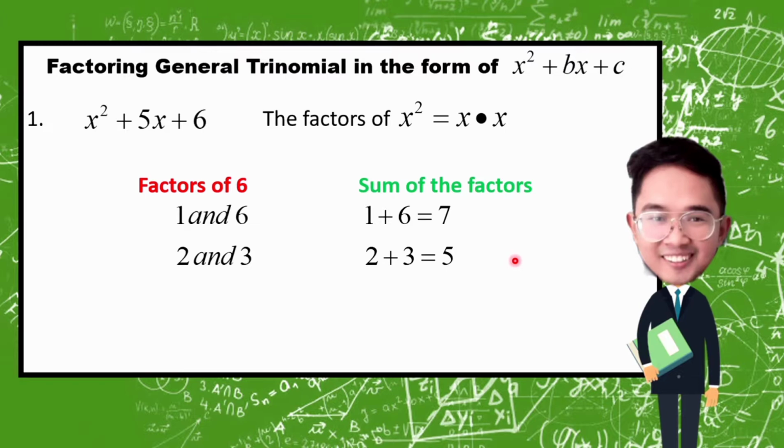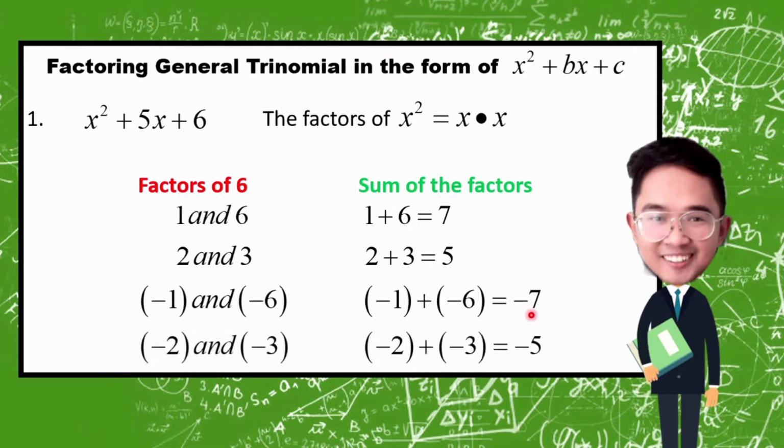Also, include the negative numbers for the factors of 6, which is negative 1 and negative 6, and the sum of negative 1 and negative 6 is negative 7. Lastly, we have negative 2 and negative 3, whose sum of these factors is negative 5.